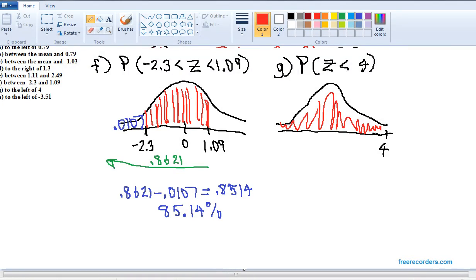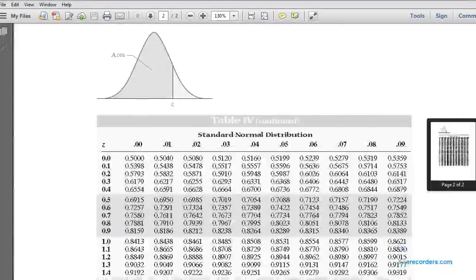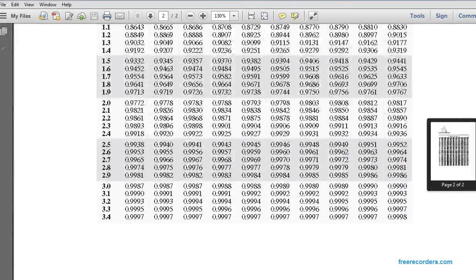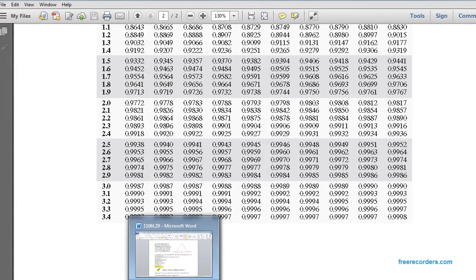Now, if you look up 4 in your table, the positive numbers are on page 2. You see it only goes up to 3.49. Anything above that is so far away from the mean. Remember we said that about 99.7% of the scores in a normal curve lie within 3 standard deviations of the mean?